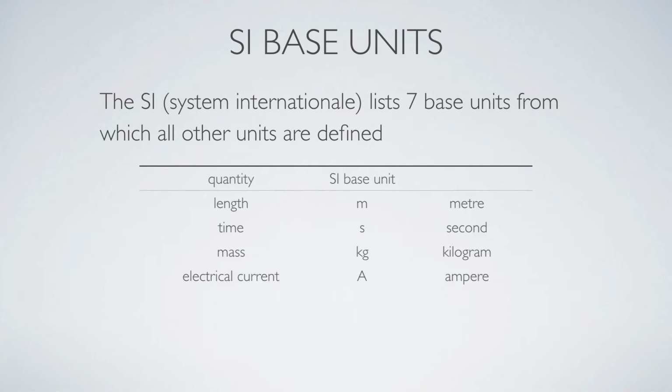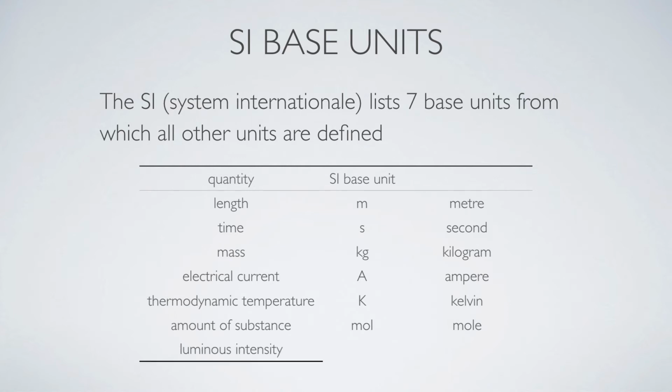Now, these are the units of meters for length, seconds for time, kilograms for mass, amps for electrical current, Kelvin for temperature, moles for the amount of a substance, and candela for luminous intensity. And you can see the symbols here.